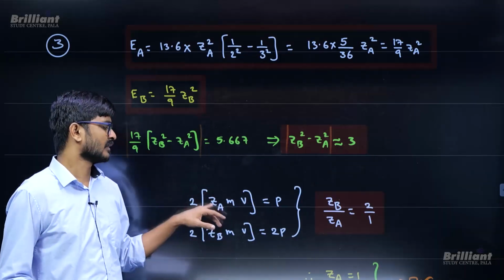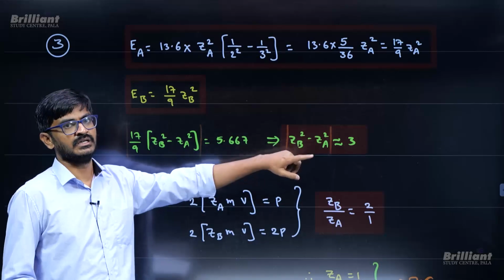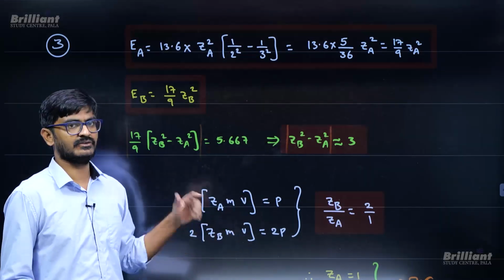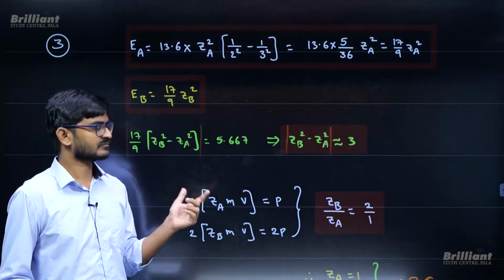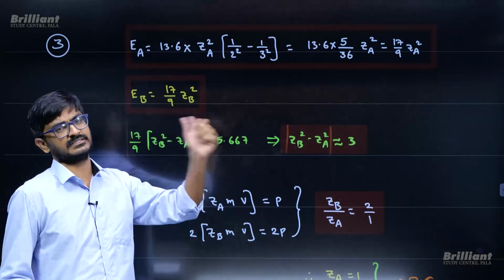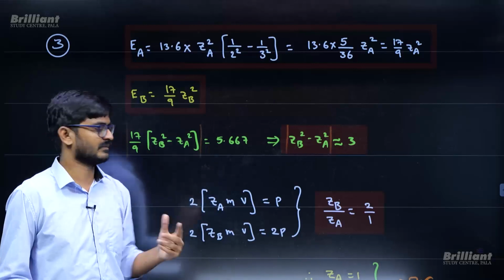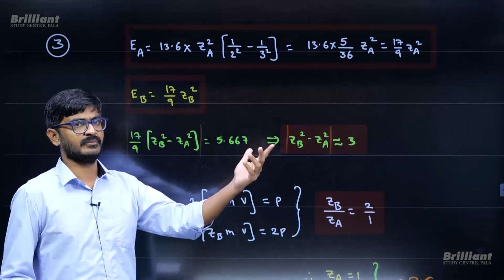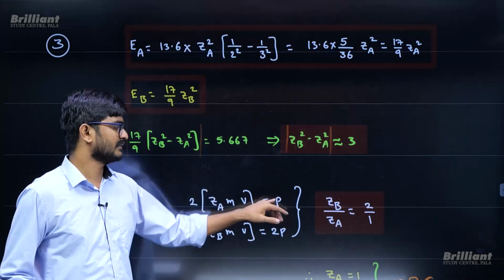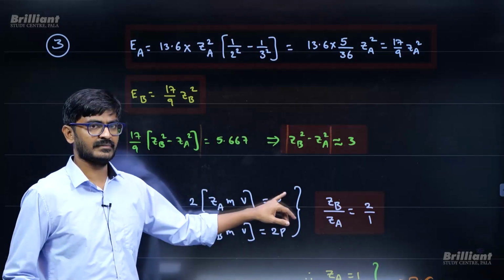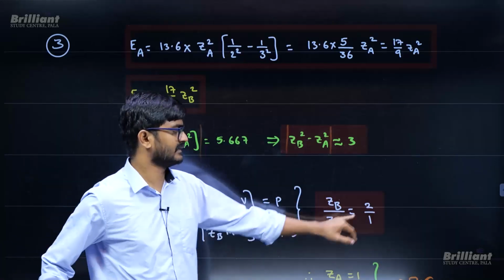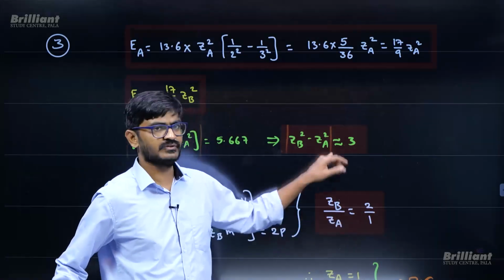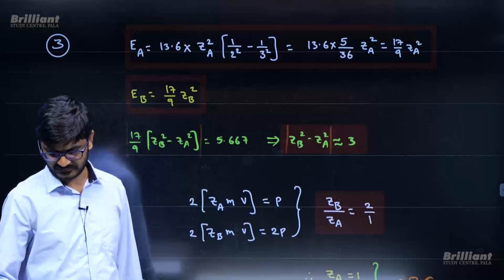So this is the momentum of A and this is the momentum of B. Now when they come back with the same velocity, what is the momentum imparted? P minus of minus P, which will be 2 times the momentum, right? 2 times the momentum will be the momentum imparted to the wall. But they said the momentum imparted to the wall is P for A and twice that for B. So when I take the ratio, I get ZB by ZA is 2 by 1. So there will be two equations, two unknowns, you can solve for them.